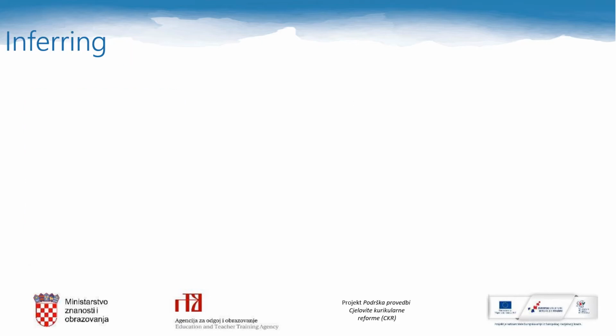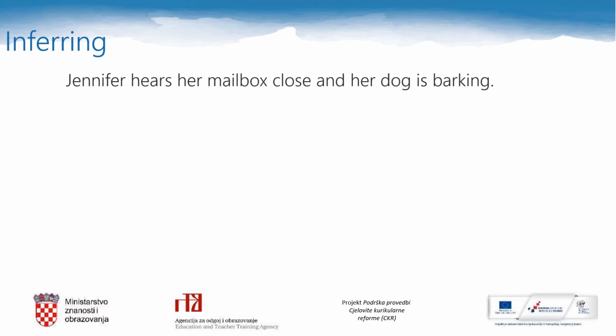Let's infer some more, but this time we won't be using pictures, but words. Jennifer hears her mailbox close and her dog is barking. What can you infer from this situation? I will give you a moment to think about it and to come up with your answer. And this is what I have inferred.